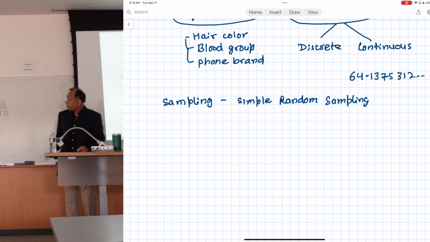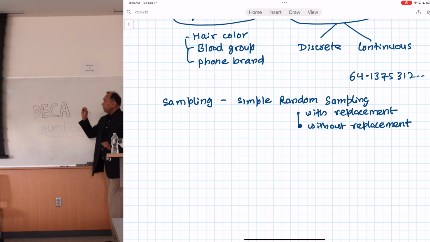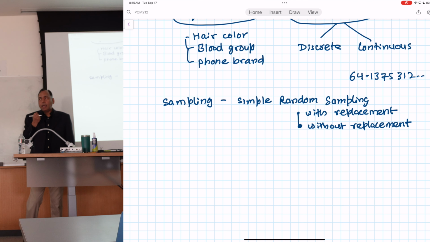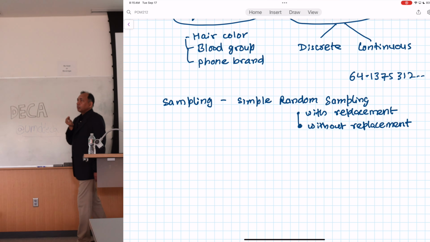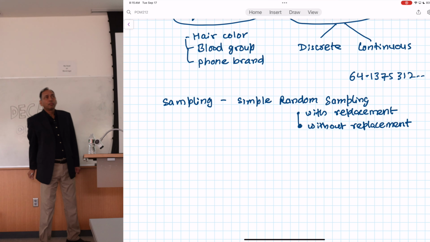But this is most common, and within this you have with replacement and without replacement. Simple random sampling can be with replacement, means you are taking one item for the sample and replacing it back.